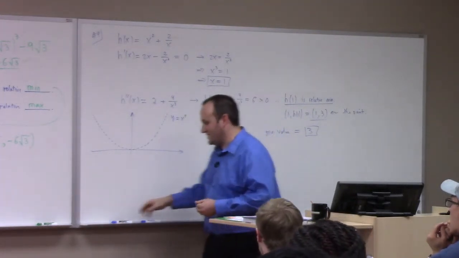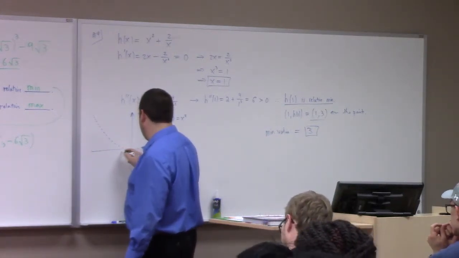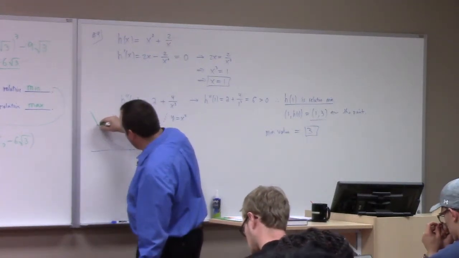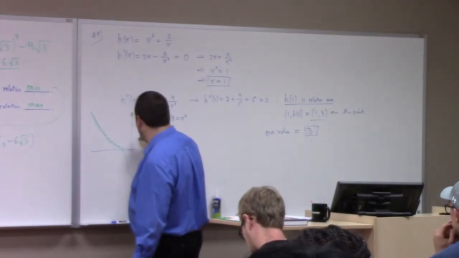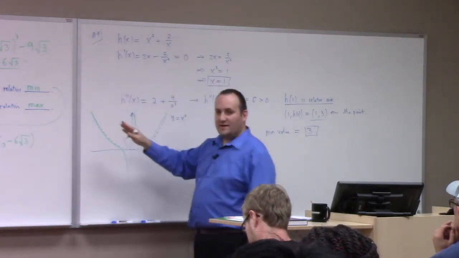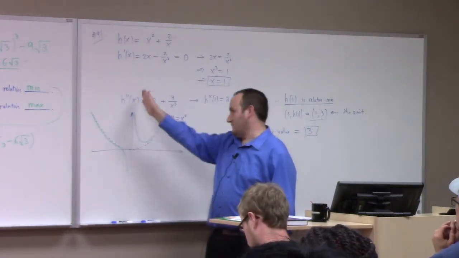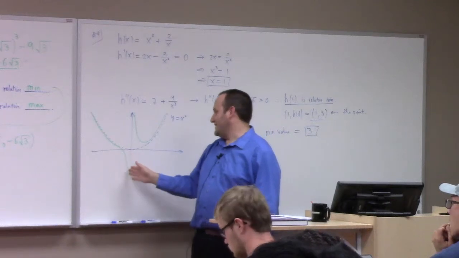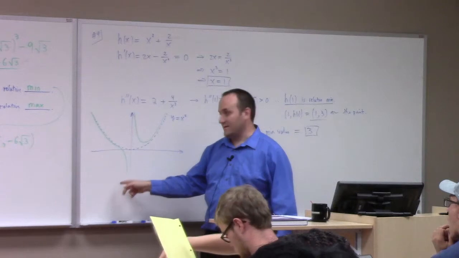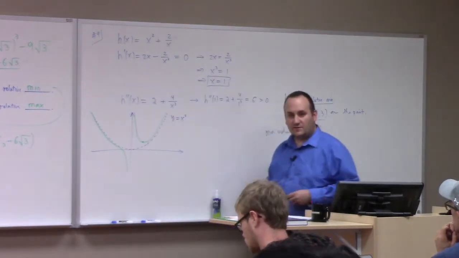So it follows the parabola and then drops off, has this giant asymptote, and then it does something like this. So this green is the graph. You're just adding 2 over x to the x squared function. So it's got a vertical asymptote at 0, and it's got no absolute maximum. It's got no absolute minimum either, because this drops down as far as you want. But we found that this point is at 1, and its value is 3. That's what we just did.